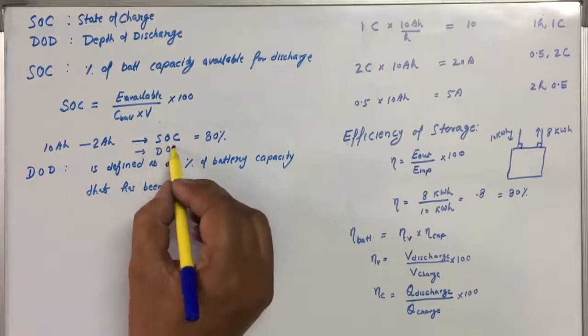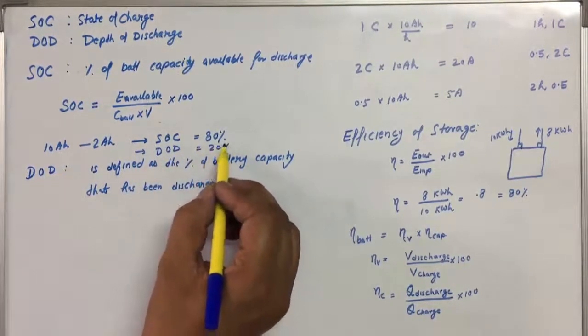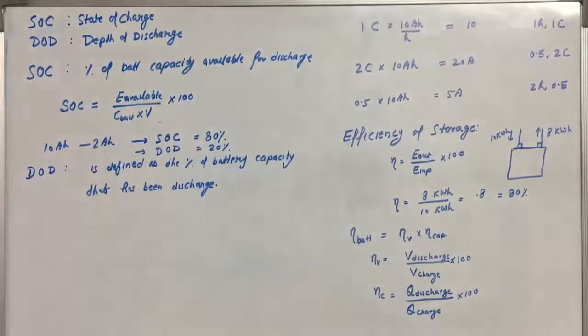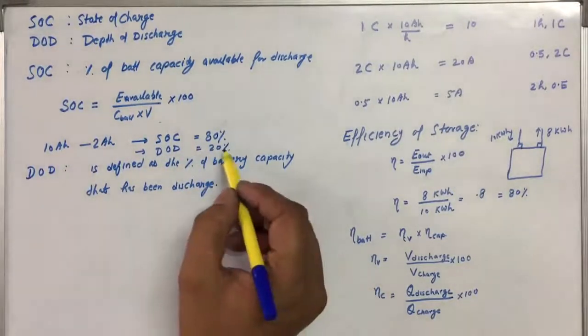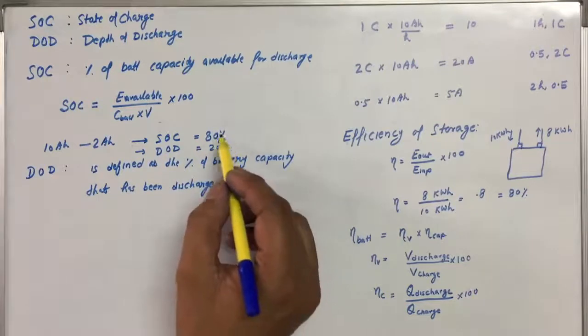So here we can write DOD of 20%. Okay, so from here we find these two are complementary.